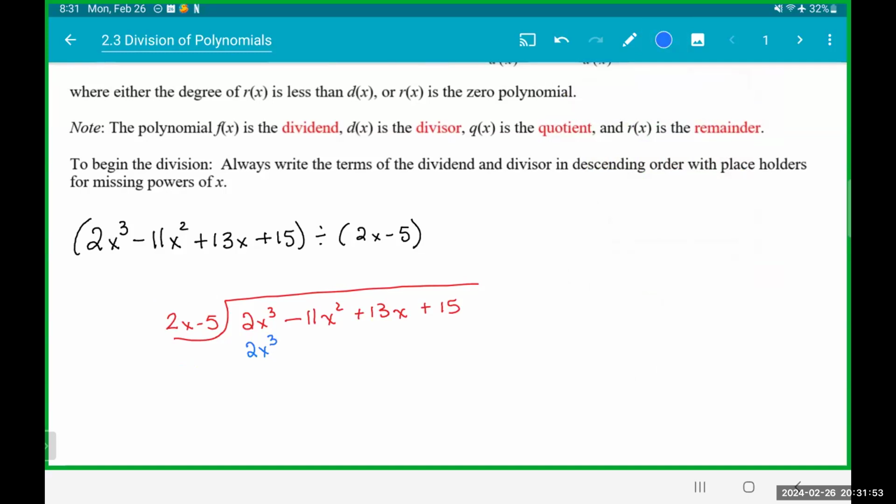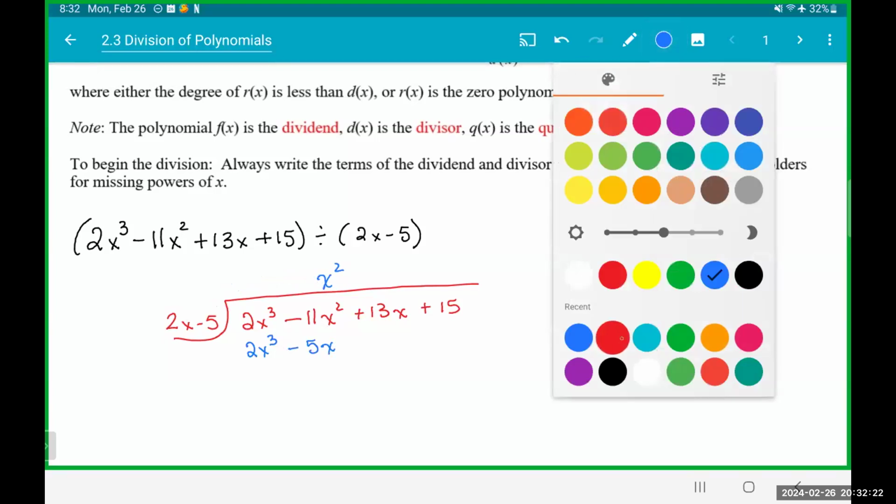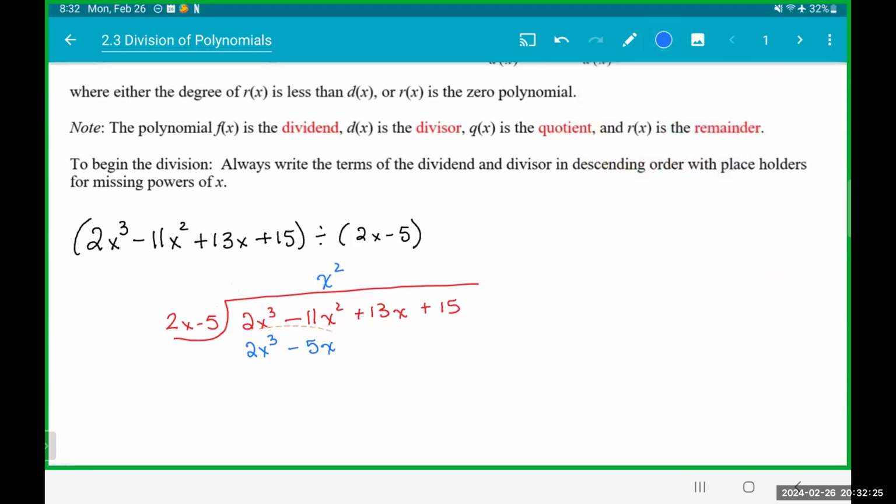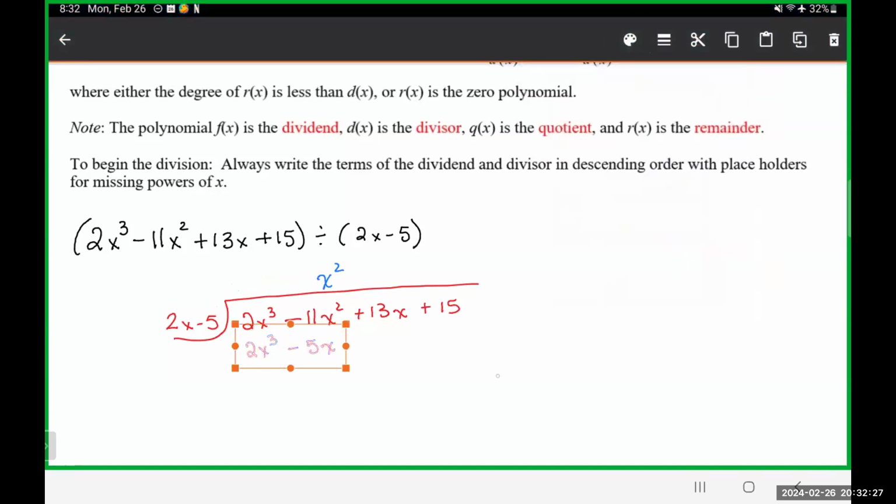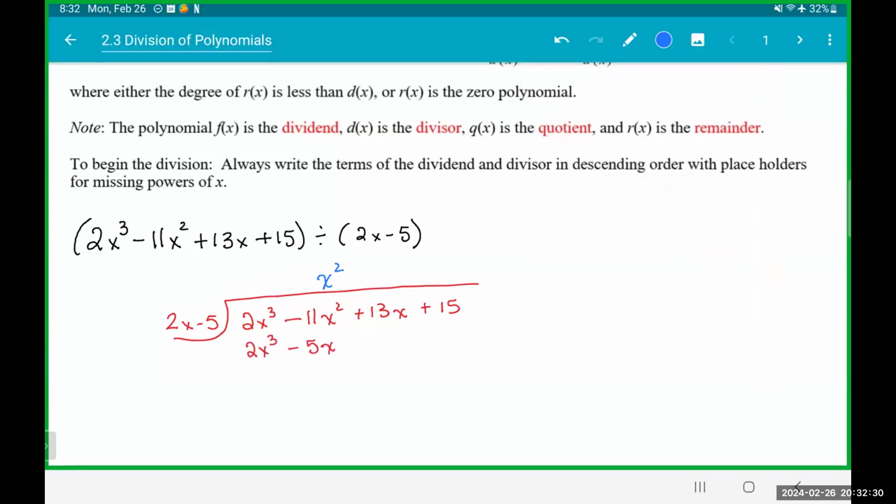If I multiplied that by x squared, x squared times 2x gives me 2x cubed. But I have to do it to this term and I have to do it to this one. So that is minus 5x squared, okay? Now, I'm going to make that red, okay?